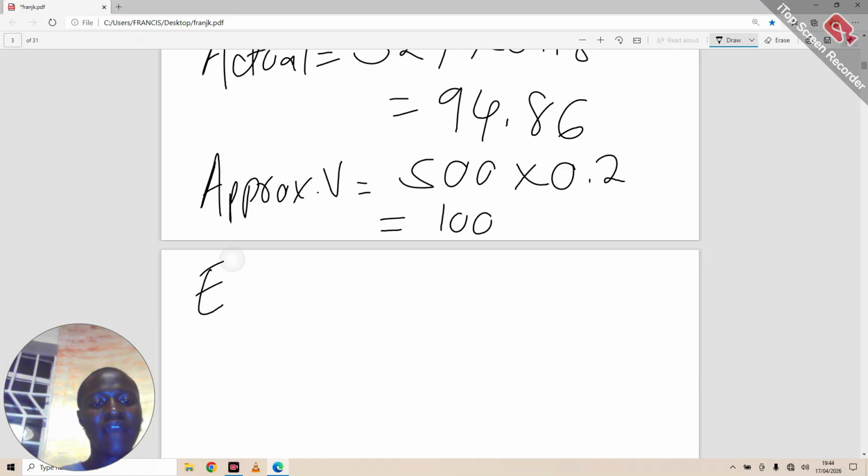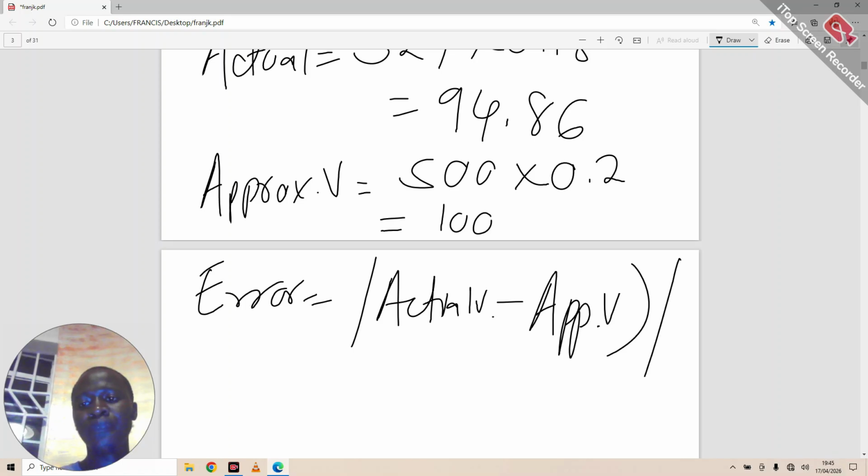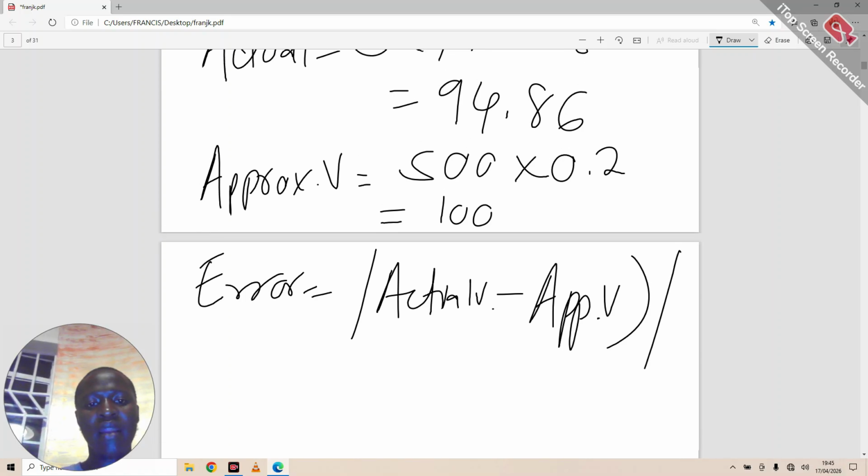So let's have the error. And remember, the error is the absolute value of the actual value minus the approximated value. And remember, they are absoluted.